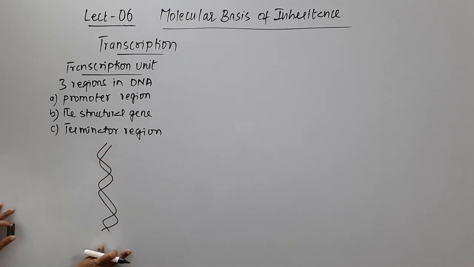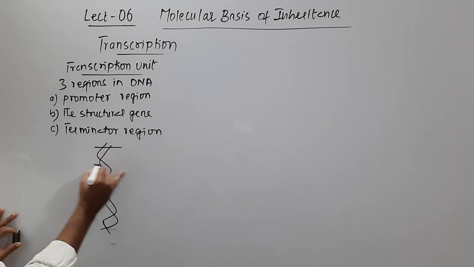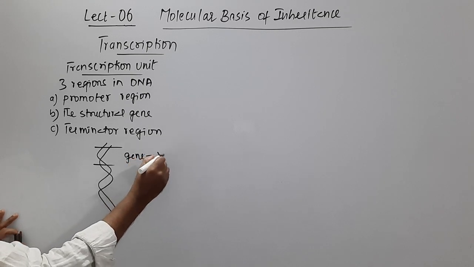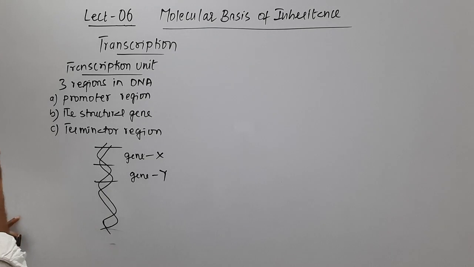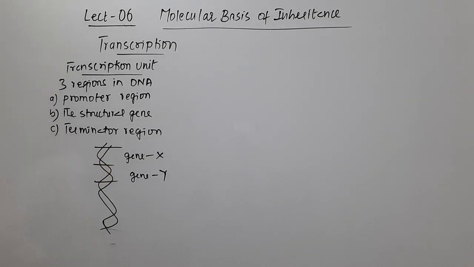So just now I told you, suppose you see something like this, and from here to here is gene X. So this is gene X, then gene Y. Now this gene X will have a promoter region.